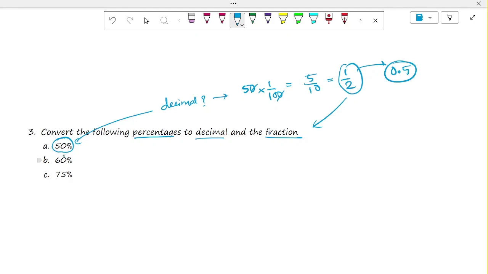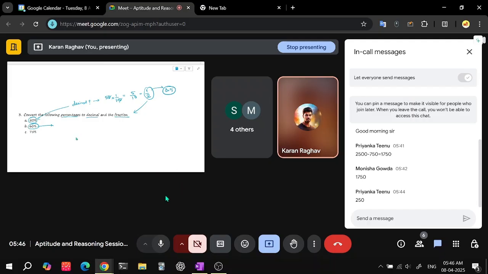Fine. Can you tell me what is 60%? Same, you need to tell me the decimal and the fraction for 60%. Just try to calculate and tell me the answer. Anyone?